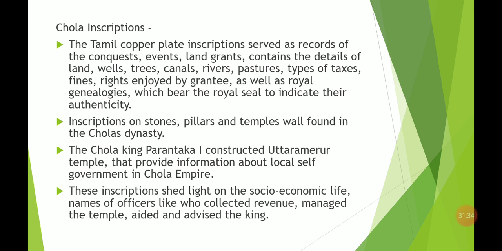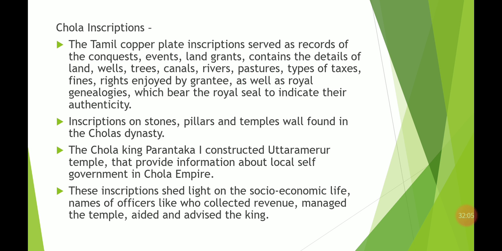The inscriptions also shed light on socio-economic life: the social status and social life, and the economic life, how people were earning, and the earning status and social status of a particular area. They also give the names of officers, such as who collected the taxes, whose responsibility it was to collect them, and who was responsible for managing the temples and aided and advised the king.